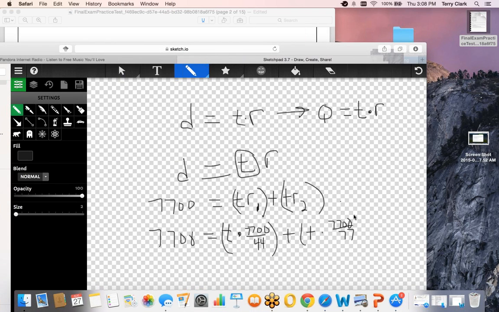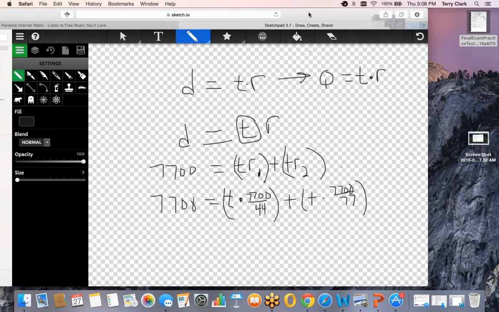And then that's going to give me my second rate. So when I take, using my calculator, 7,700 divided by 44, that's going to equal 175.